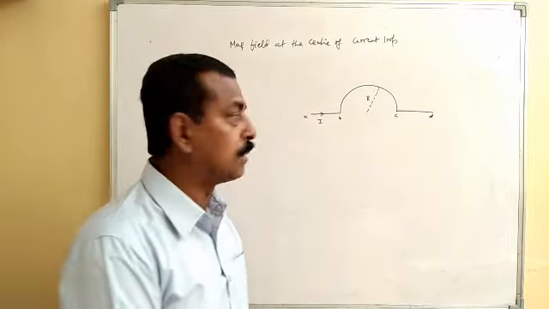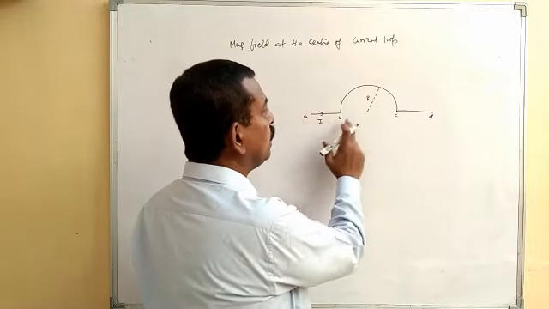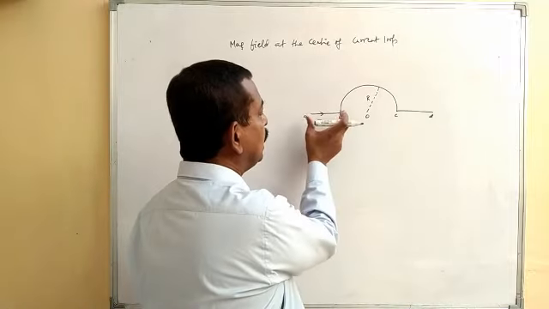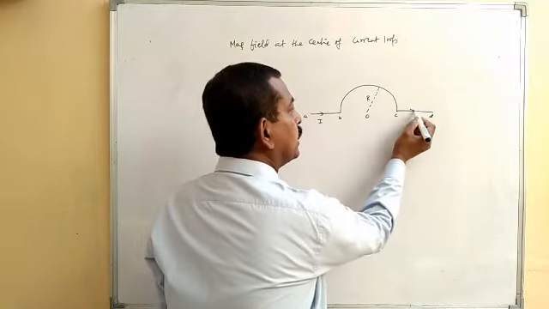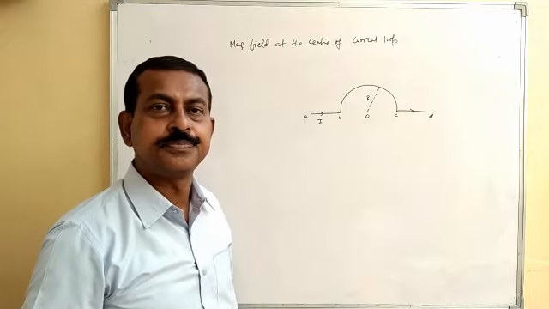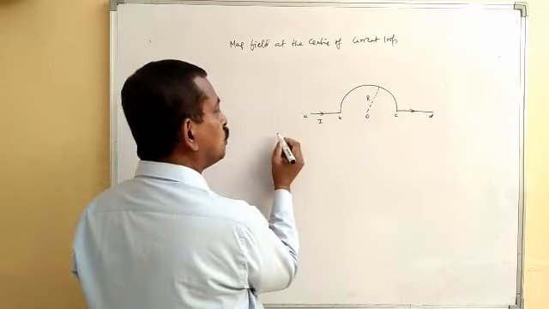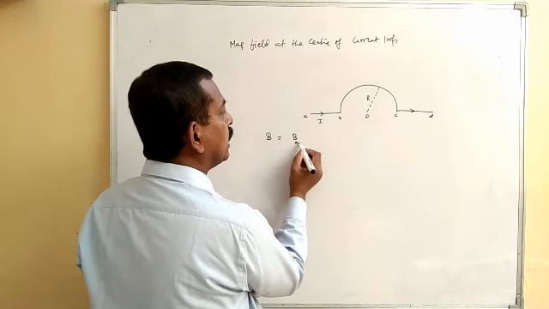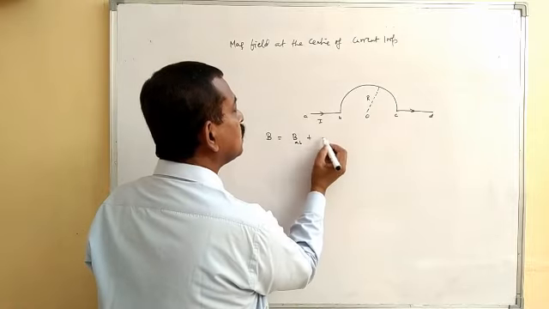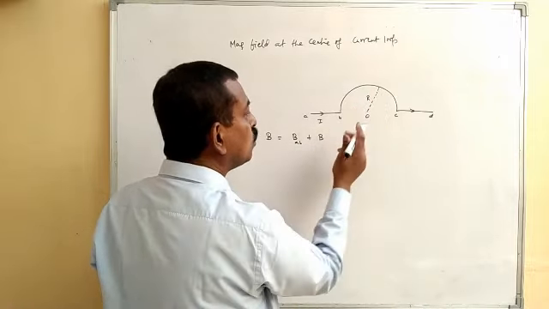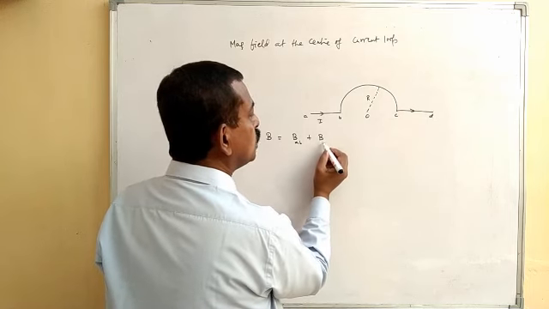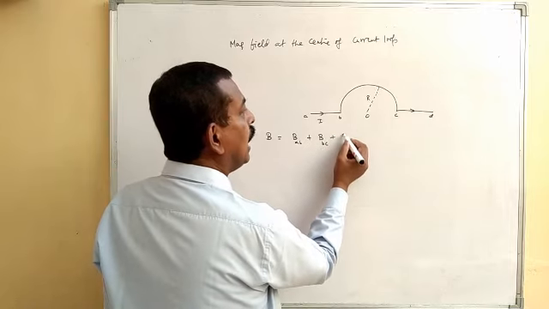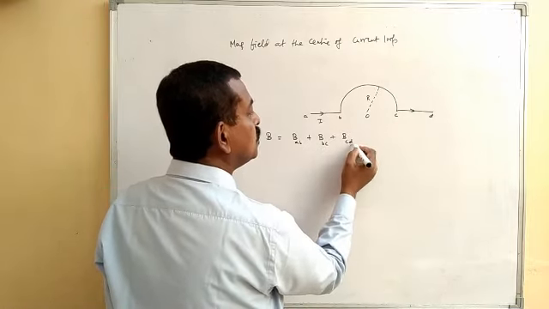Let's take another example. Suppose we want to find magnetic field at the center of this loop. It is a semicircular portion and these are the straight parts of the conductor which is carrying a current I. So magnetic field at this point we can get as magnetic field due to the portion AB plus magnetic field due to the semicircular portion, that is BC, and magnetic field due to the portion CD.